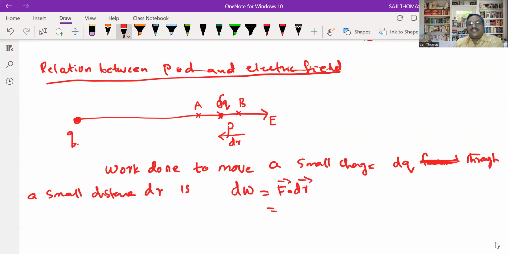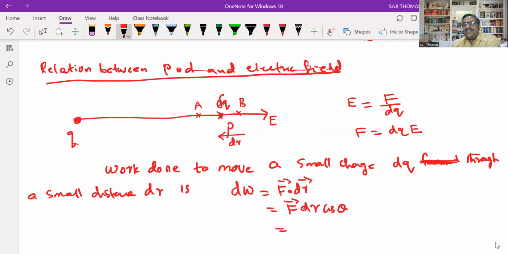So we can write this F from the electric field equation, E is F by dq. So force is delta Q into E. So we substitute this: F dot dr, you can write F dr cos theta.